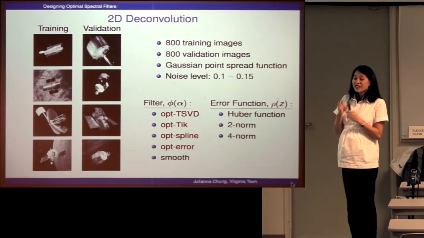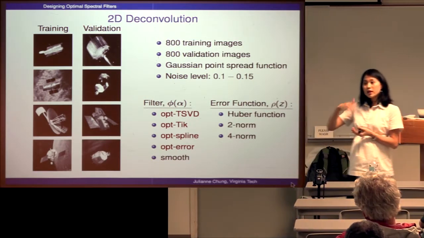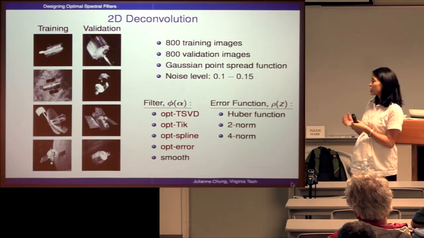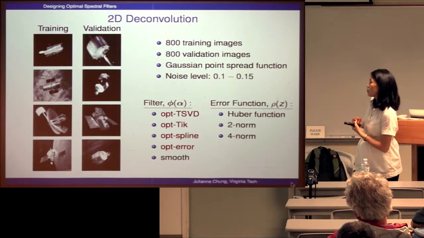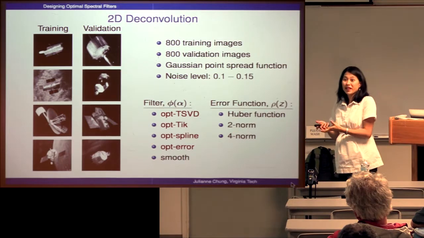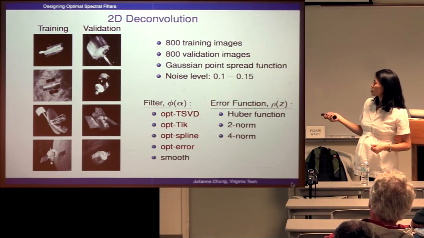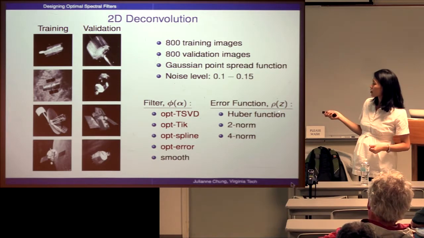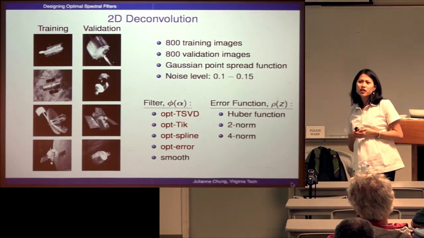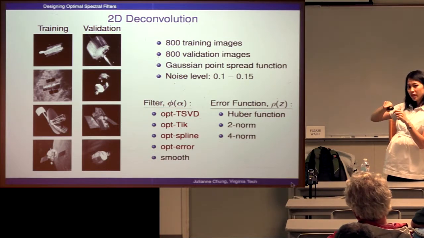And then we look at different error functions. So if you remember, I said you could use the 2 norm, right? You can minimize the 2 norm of the error, but you can actually do other things as well, because you may want to minimize, say, the 1 norm of the error or the infinity norm of the error, right? And so for this case, we actually use the Huber function as our error function. The Huber function is just an approximation of the 1 norm, because with the 1 norm you have non-differentiability at 0.